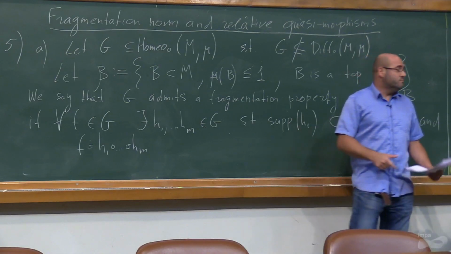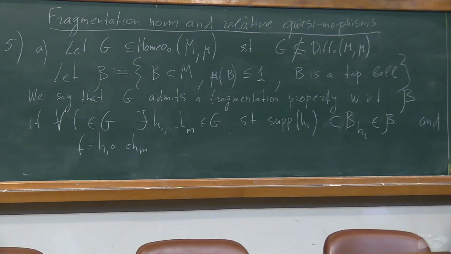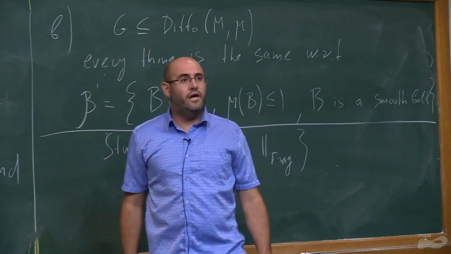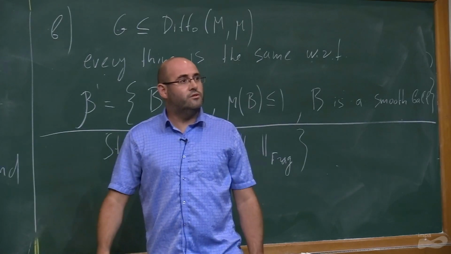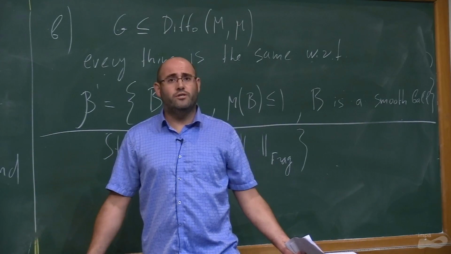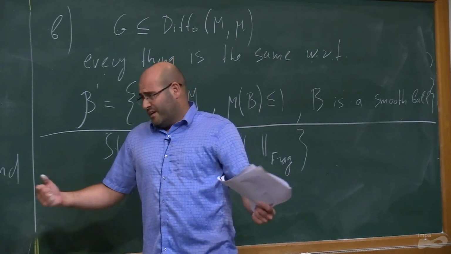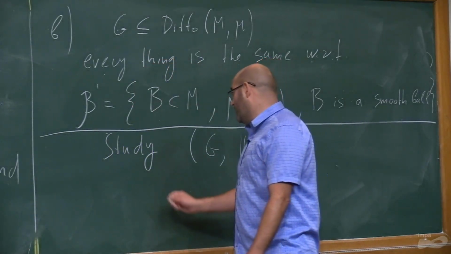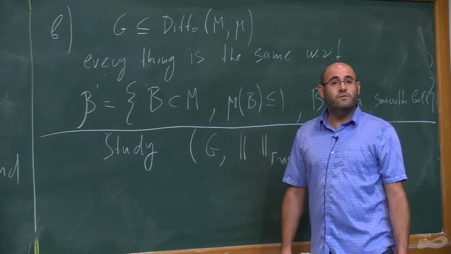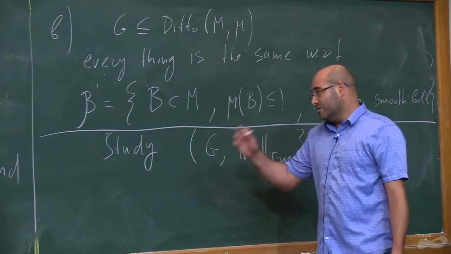In other words, the fragmentation norm of a diffeomorphism f, or of a homeomorphism f, is the minimal number m so that f can be written as a product of h1 up to hm, each supported in either a topological or a smooth ball. And automatically, this is a conjugation invariant norm. It was studied quite extensively in the case of the group of Hamiltonian diffeomorphisms, and also in some other cases.